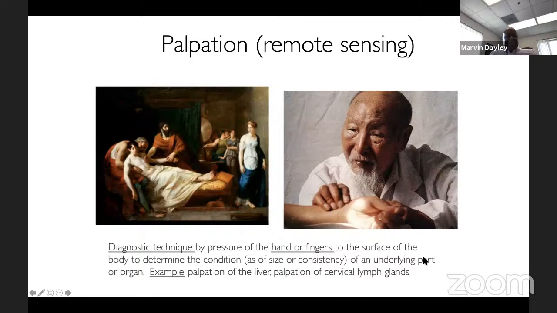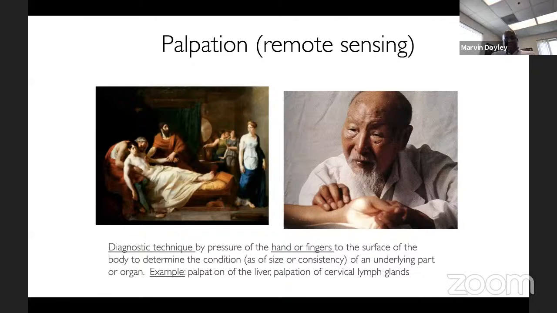This was in Roman times, where you had a sick person here, and you'd call a doctor. The doctor would basically feel this person's arm or the limb, or the area which they think is hurt, and try to make a diagnosis. And on the right, you see this gentleman here, basically feeling the pulse, feeling the arms, and trying to make some kind of diagnosis based on touch. So the idea here is it's a classic technique.